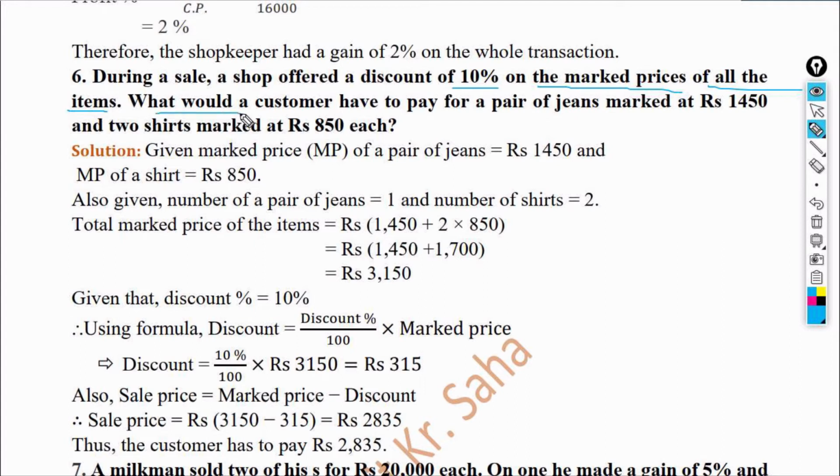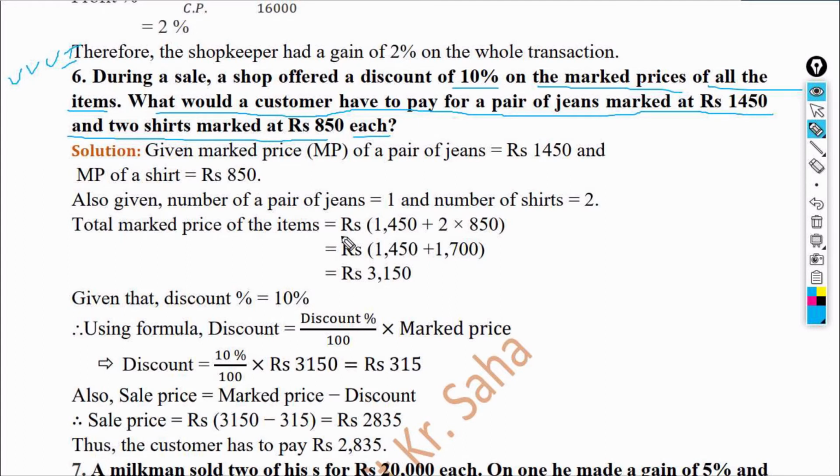What would a customer have to pay for a pair of jeans marked at rupees 1,450 and 2 shirts marked at rupees 850 each? This question is very important. Why is it very important?